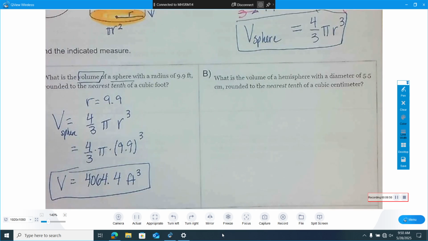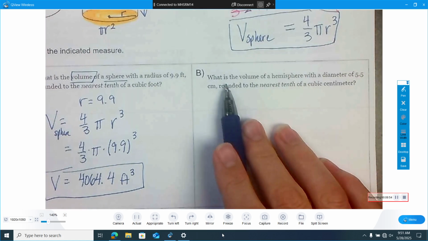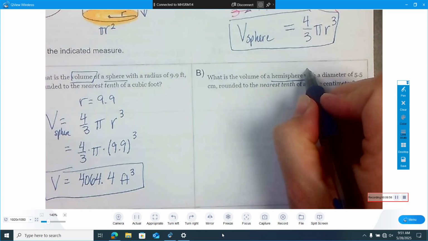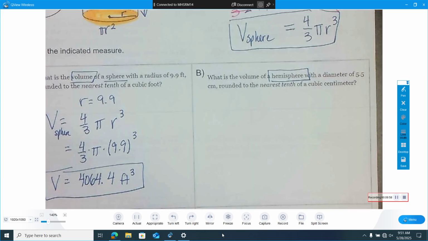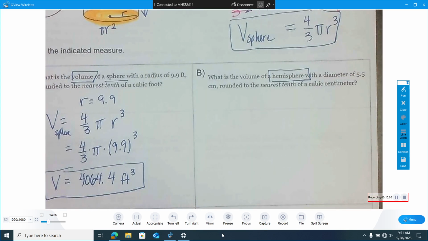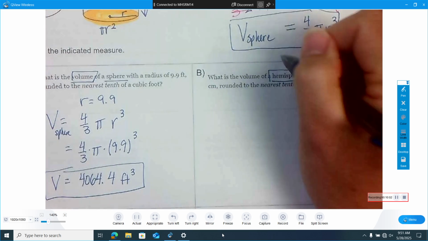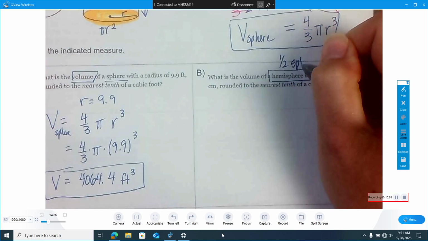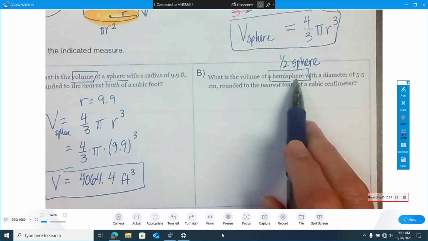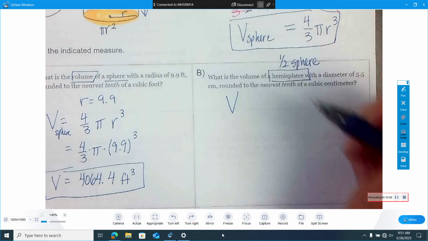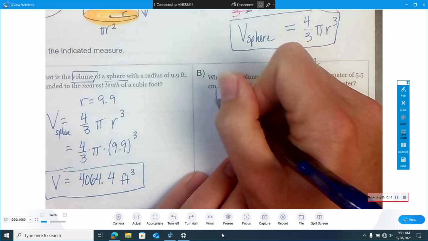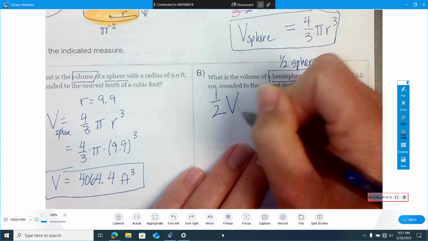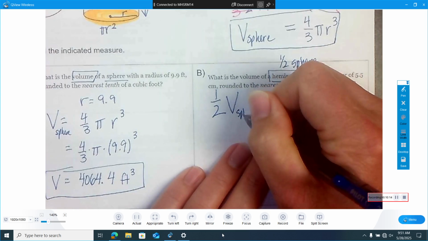All right. Letter B. What is the volume of a hemisphere? What's a hemisphere? We just do that and just divide by 2. Yeah, it's just half of a sphere. All right. And so what we're going to do is I'm going to take the volume, and I just want half the volume of a sphere.